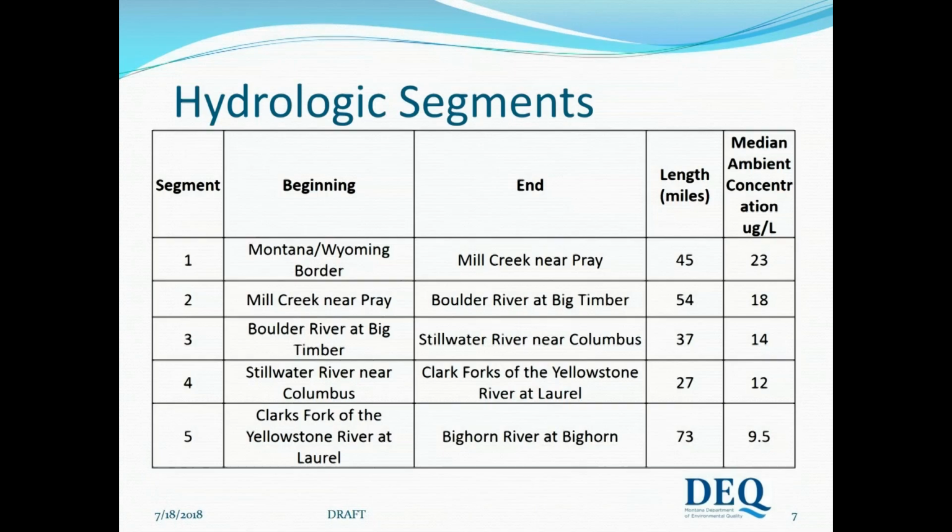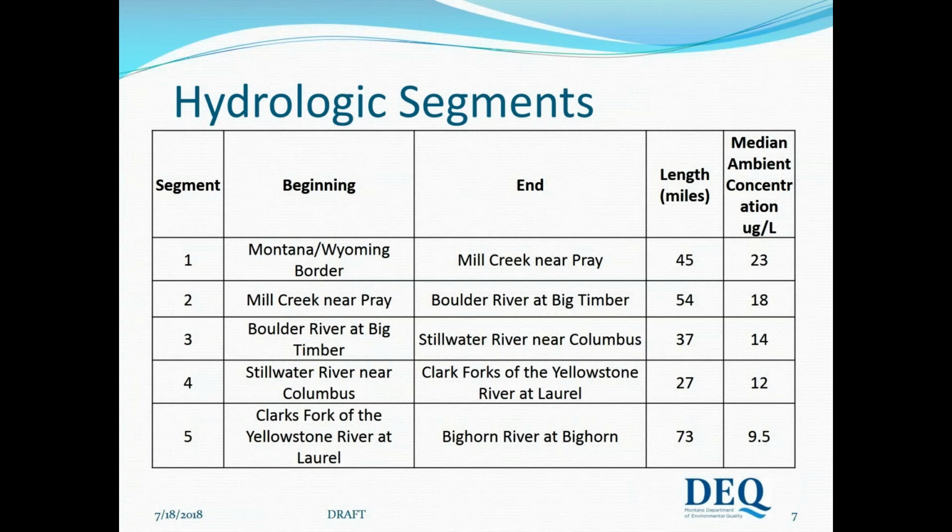Okay, the hydrologic segments. We divided the Yellowstone River into 5 hydrologic segments, and these divisions are basically based off of hydrologic divides, and also where there was a measurable difference in concentration of arsenic after that hydrologic divide.